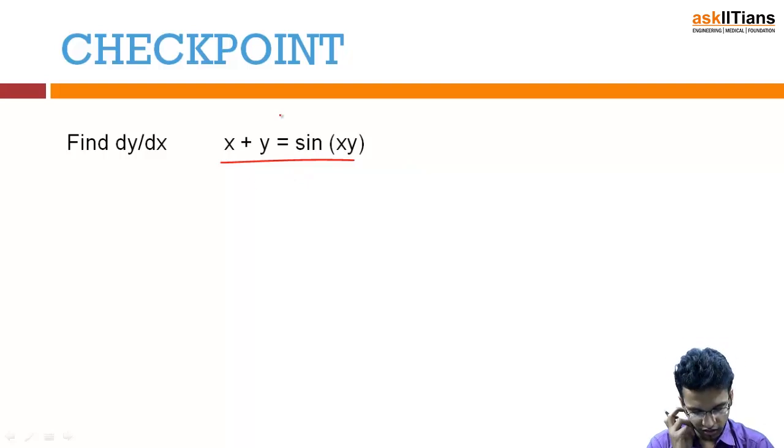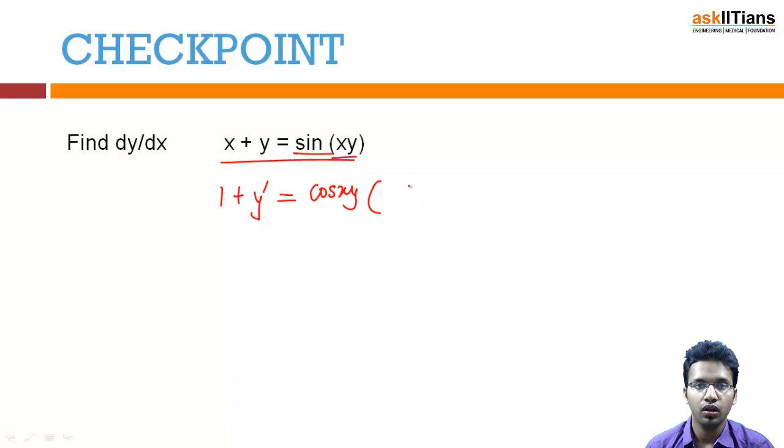In this one, this is so easy: 1 plus y dash is equal to... first we will do cos xy and then we will go for differentiation of the inside by product rule. So x y dash plus y.